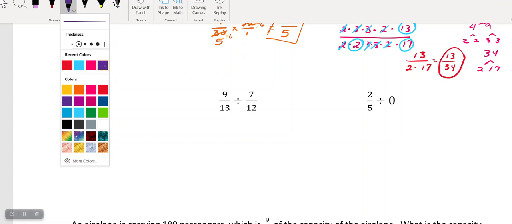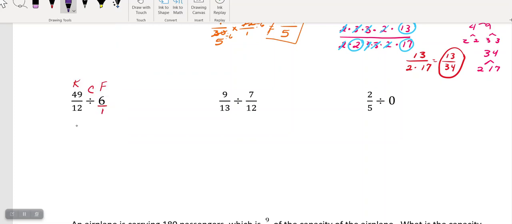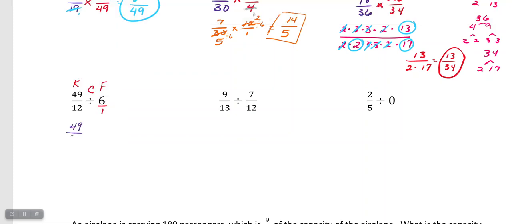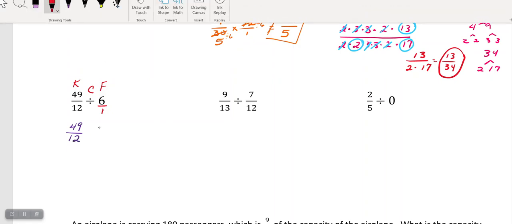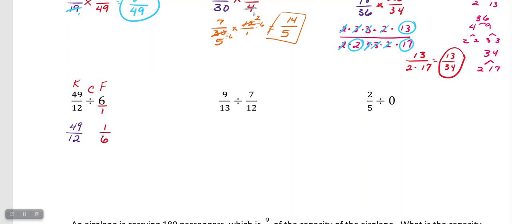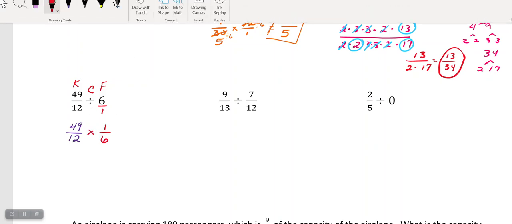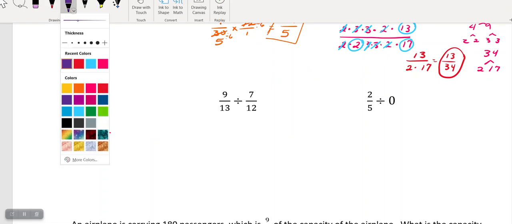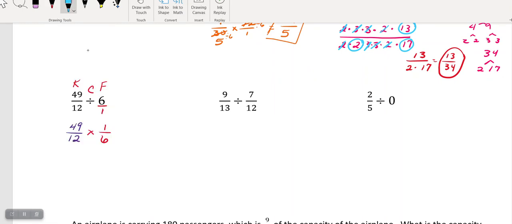So I keep the first fraction like it is, the 49 over 12. I flip the second fraction, making it 1 over 6, and I change the division to multiplication. And then I'm going to either cancel or multiply and see what goes into what.